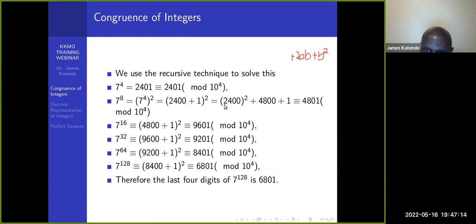That's what we are using here. So when you expand that and add, you are looking for the remainder when divided by 10 raised to 4. That is just the last 4 digits.